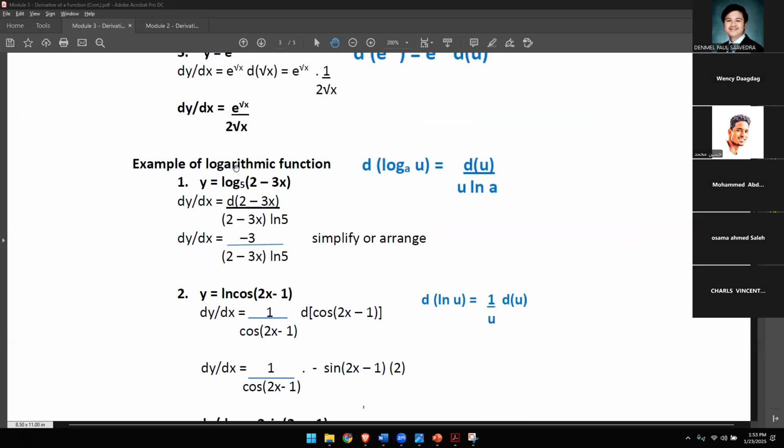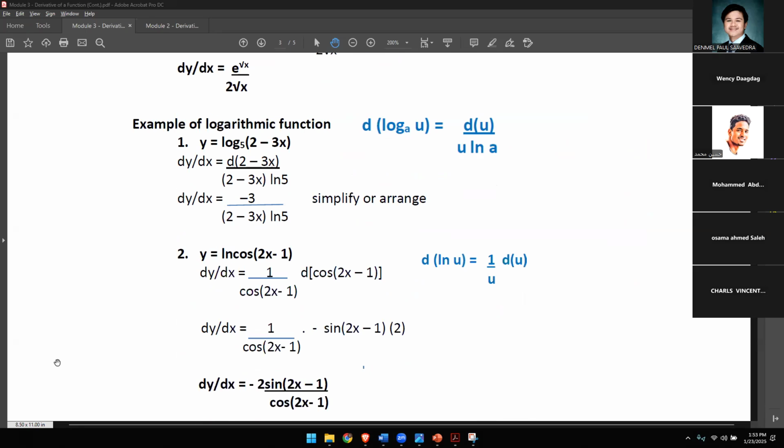So let's proceed to an example of a logarithmic function. So this is the formula of the logarithmic function. We have the log, and then the base, and then the function. If that is the case, then we can just simply use this formula.